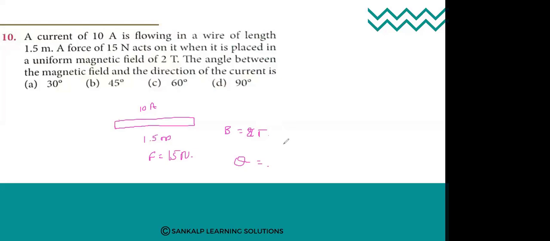So what you will do is, F is equal to IBL sine theta, again it is a conductor. You can calculate the value of theta. Remaining all values are there. Force is there, length is there, all values are given.